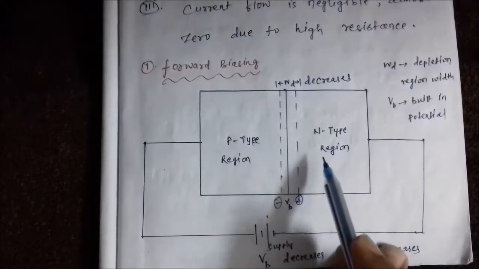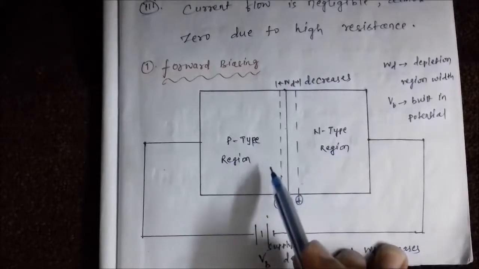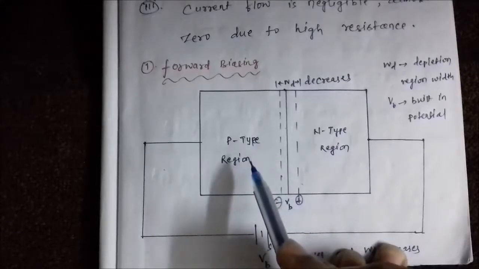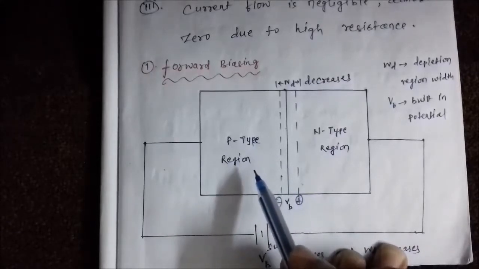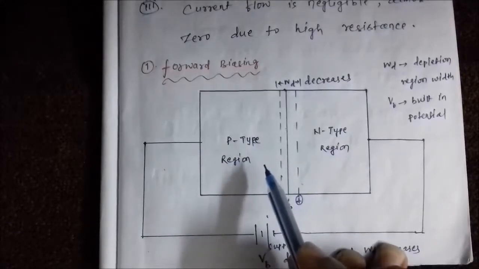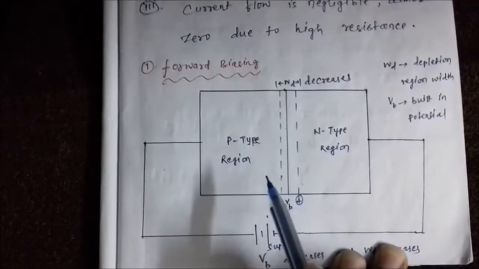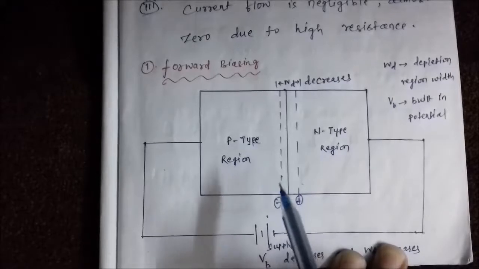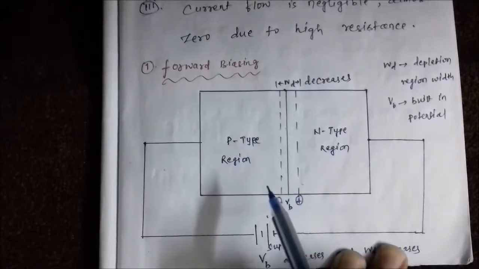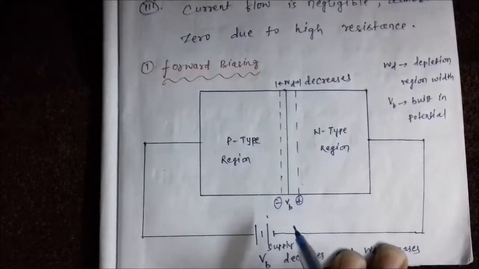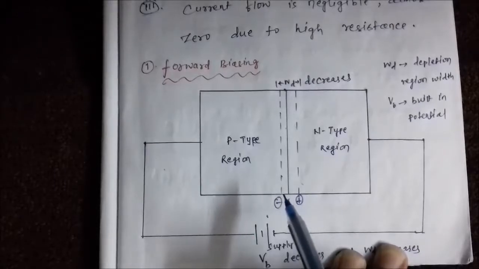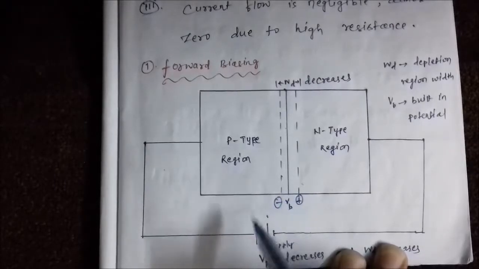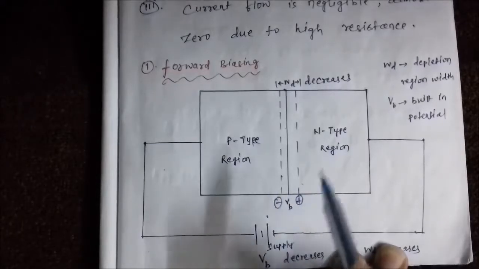Now, as the electrons cross the junction, they meet the holes, and I would like to remind you that holes are vacant spots for electrons, or vacant spots in a covalent bond formed between a trivalent impurity atom and a semiconductor atom.